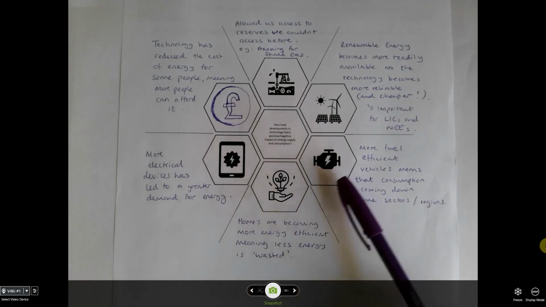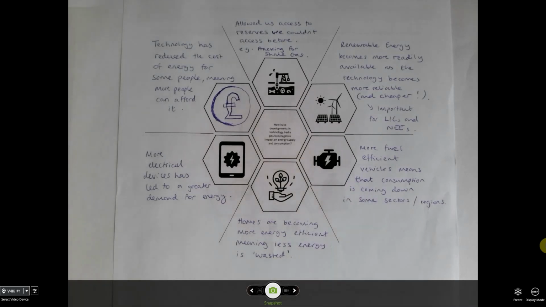The third hexagon is all about energy efficiency. So not just fuel efficiency in cars, but also in aircraft, in shipping. All of those things mean that because of technology, the consumption of energy in those sectors is coming down.